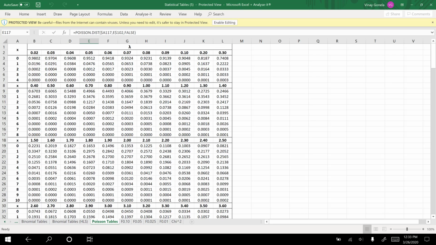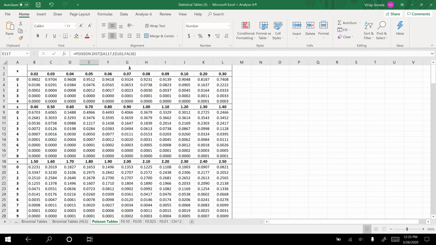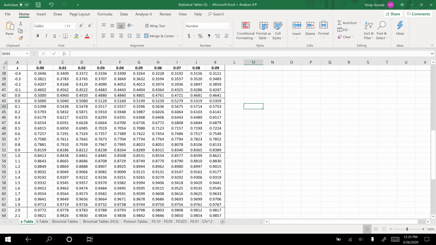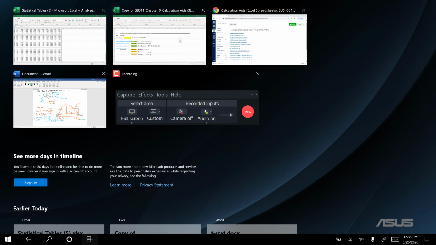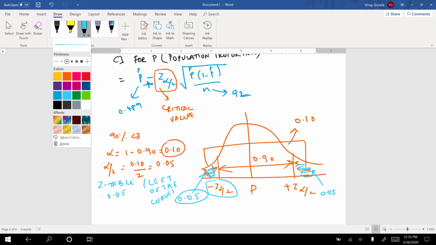So this is our statistical table. I am in the Poisson distribution spreadsheet, so I need to go to the z table. So I go to the z table and now I have to look for the value 0.05.